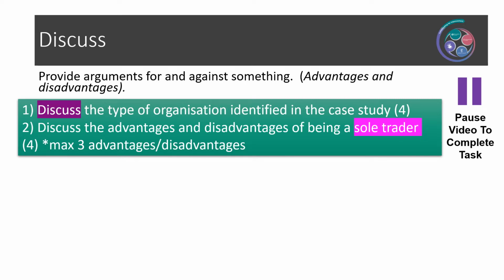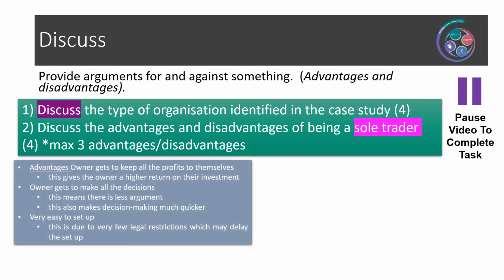So what I would like you to do is pause the video for approximately 5 minutes and answer the second question, which is discuss the advantages and disadvantages of being a sole trader, for 4 marks. So approximately 5 minutes. Okay, let's go over the answers then.